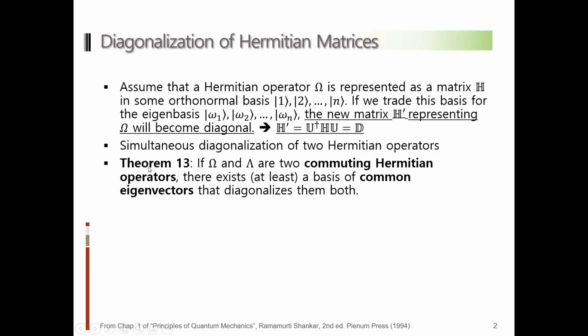There exists a theorem such that if two Hermitian operators commute with each other, then we should be able to find a basis composed of the common eigenvectors, and that will diagonalize both of them. The proof goes in the following way.